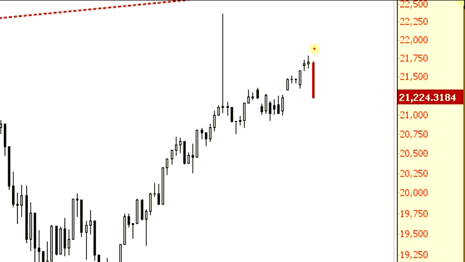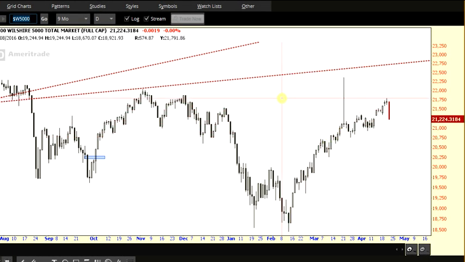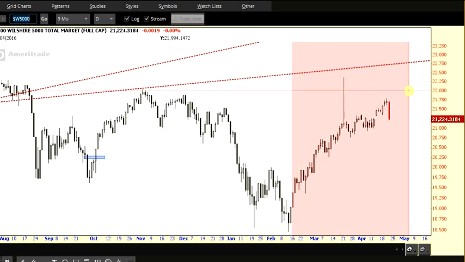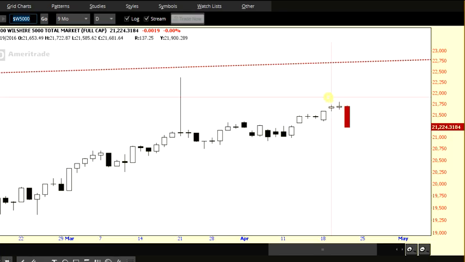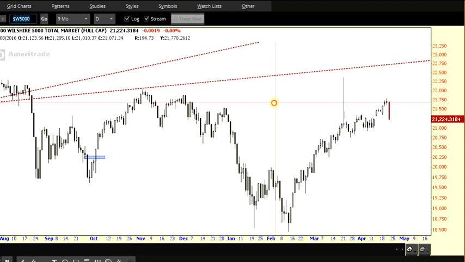If it completely covered this candle, it would be an engulfing pattern or bearish harami. But you can see you had quite a bit of movement there in the Wilshire. There's something about that candle that's not quite right. I don't know what it is, but let's go ahead and get off of it for now.